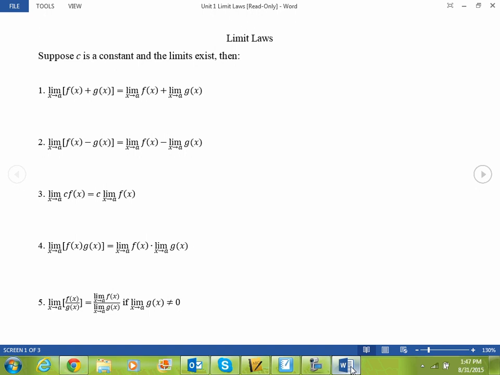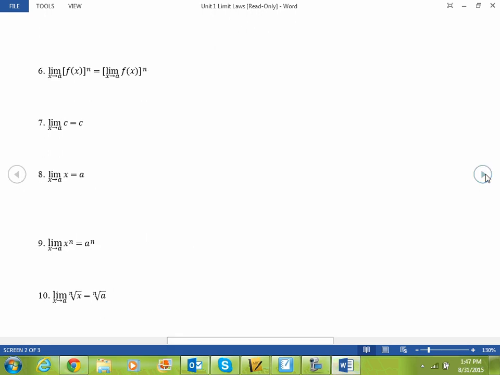You can take each limit individually and then divide them as long as your denominator doesn't equal 0. For number 6, if you're taking some function to an exponent, you can evaluate the limit and then evaluate the exponent.